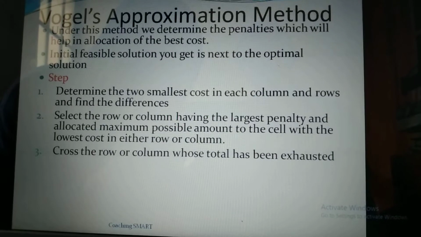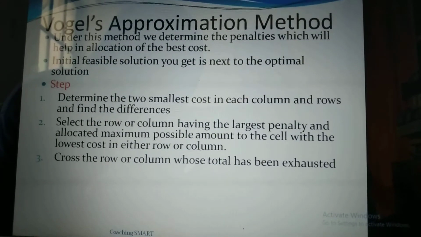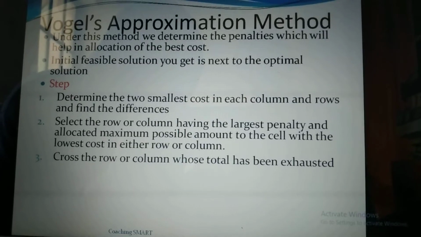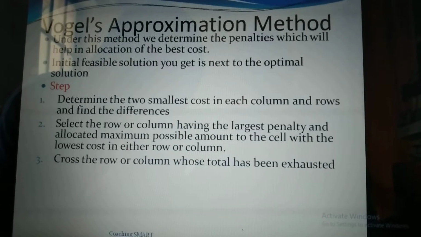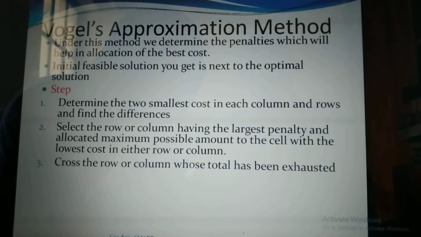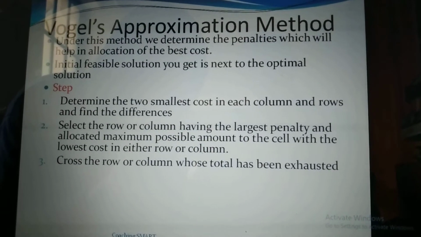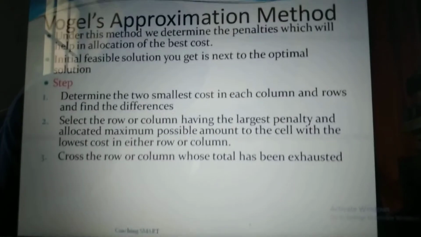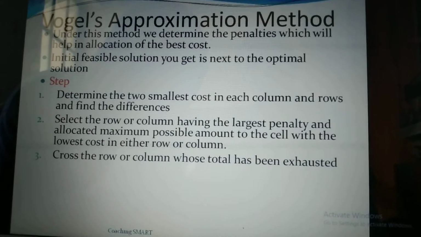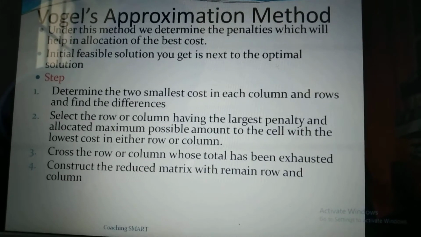2. Select the row or column having the highest penalty and allocate the maximum possible amount to the cell with the lowest cost in either row or column. 3. Cross the row or column whose total has been exhausted. 4.